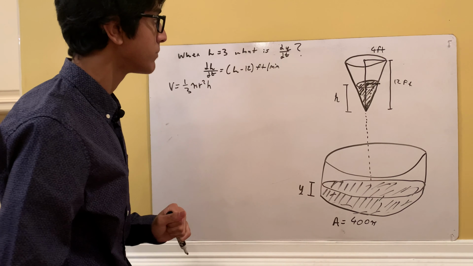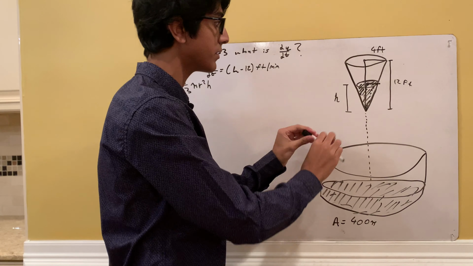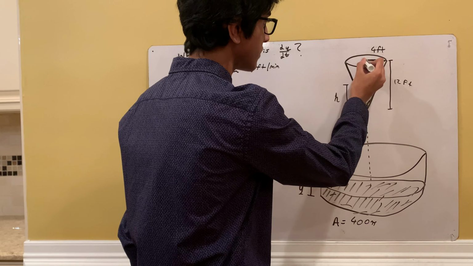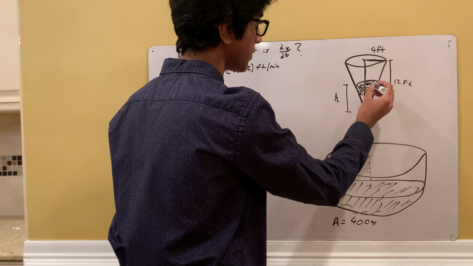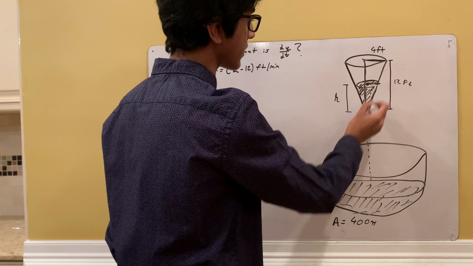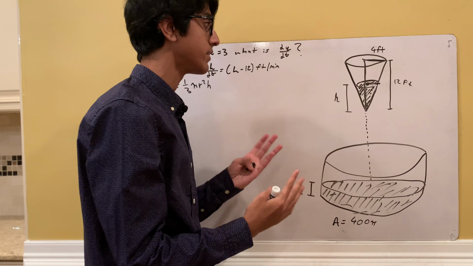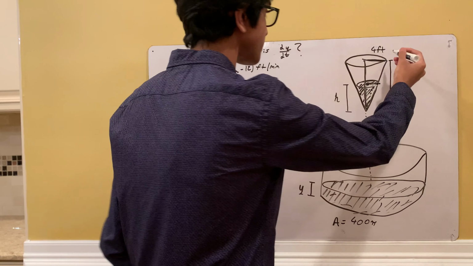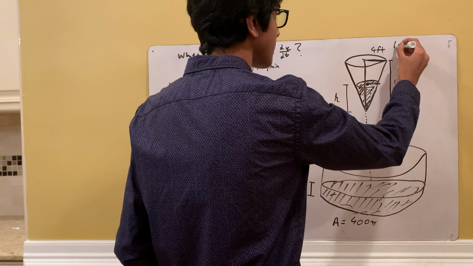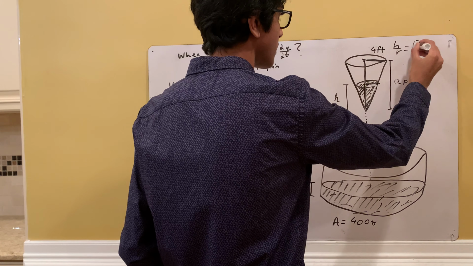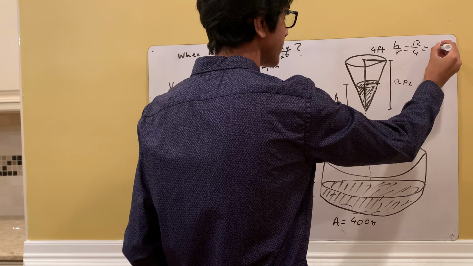A way we can do that is by looking at this cone that we have here. If you look, we have this radius and this height that make a right triangle, and this radius and this height that make another right triangle. These are similar triangles, so the ratio of the height to the radius will be the same for these two triangles. So we can take h over r is equal to 12 over 4, which is equal to 3.